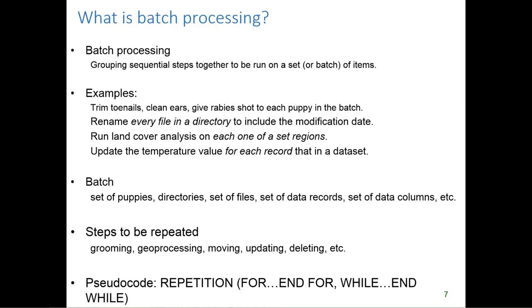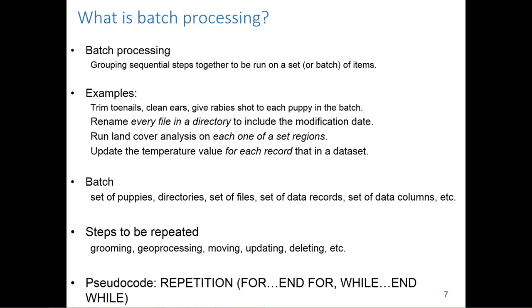That's puppies, but there's a lot of batch processing in working with data too. You may want to rename every file in a directory to include the date when they were modified, or you may want to run land cover analysis on each one of a set of remotely sensed data files, or you want to update the temperature value for each record in a data set.